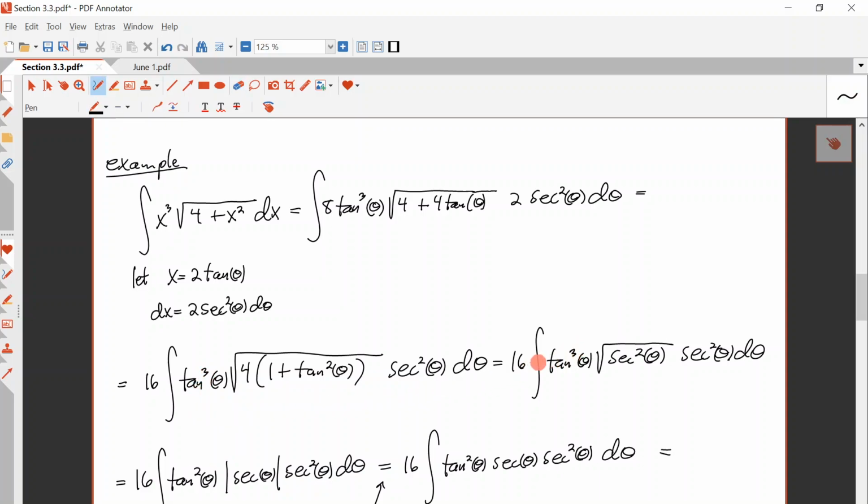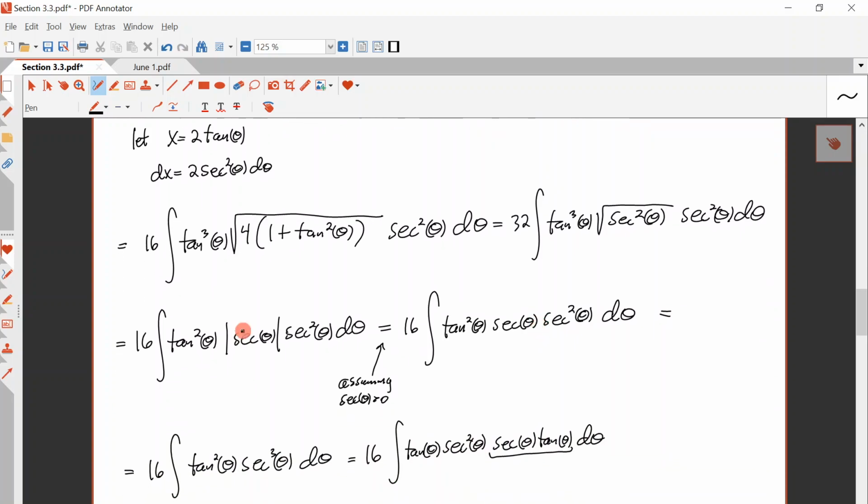This was 16 times 2, 32 tangent to the third. And this one, 32 tangent to the third. So altogether, we get tangent to the third, secant to the third.